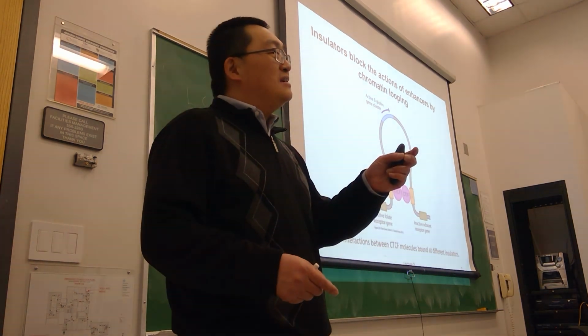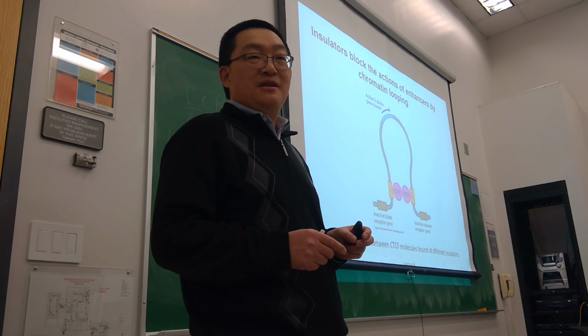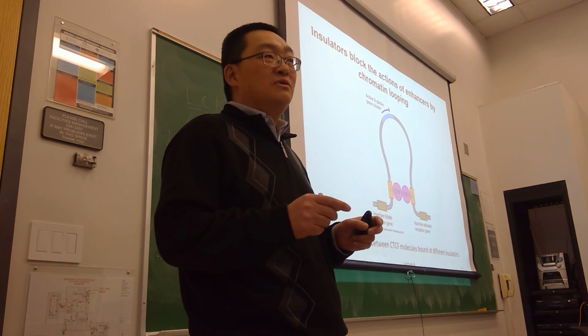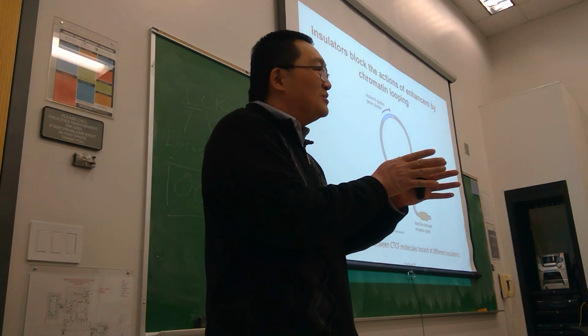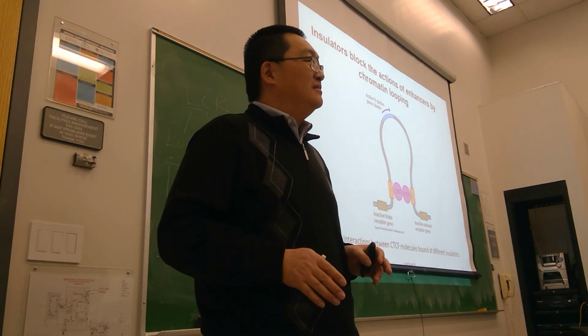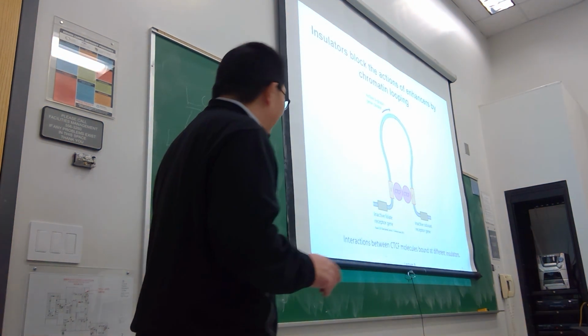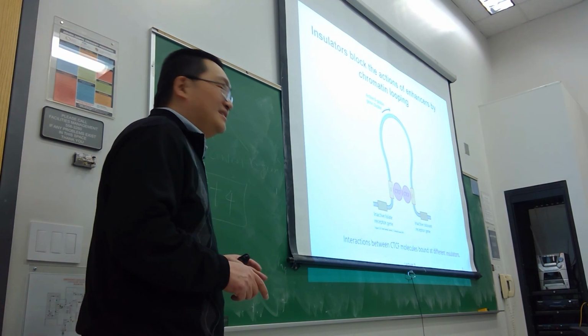Within our early development, we have three germ layers. How do we control the three germ layers? Oct4, the key role.